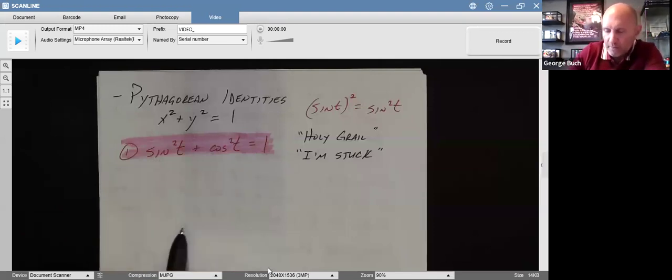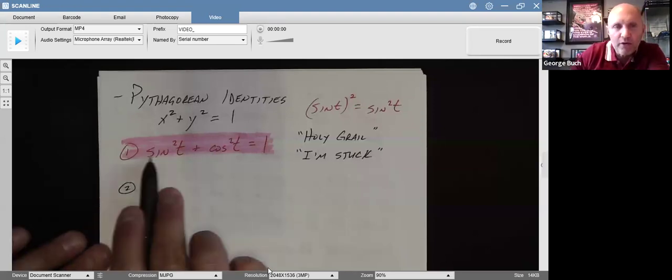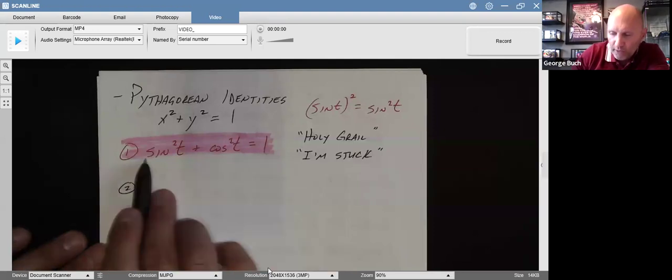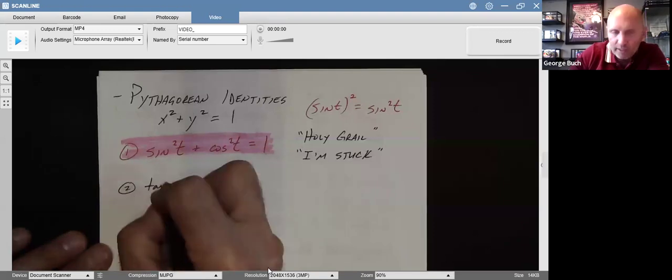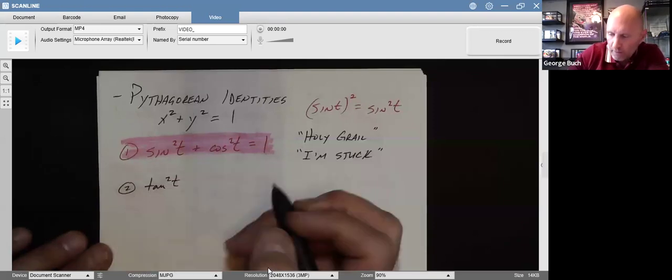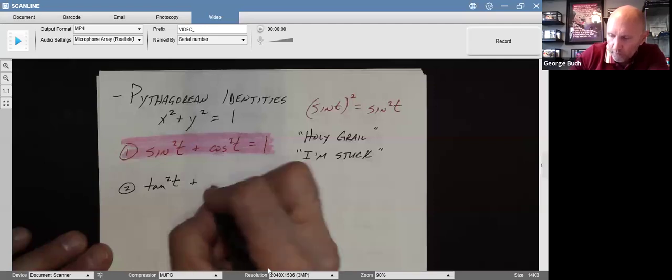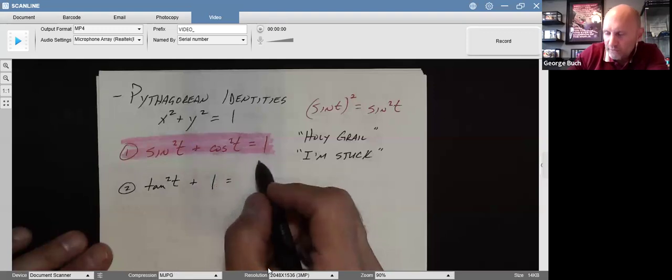The second identity we get by dividing all of these by cosine squared. So if I divide sine squared by cosine squared, I get what? Well, sine over cosine is tangent, so I get tangent squared. Cosine squared divided by cosine squared is 1. And 1 over cosine squared, well, 1 over cosine is secant.